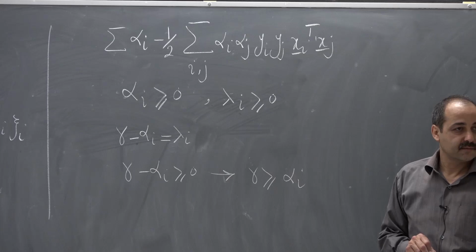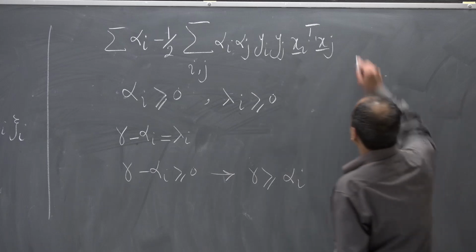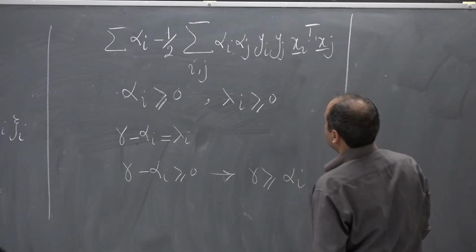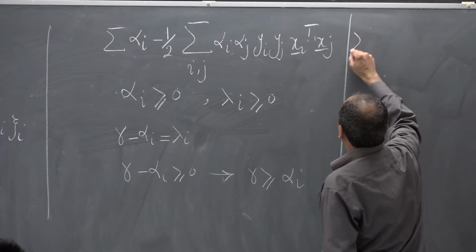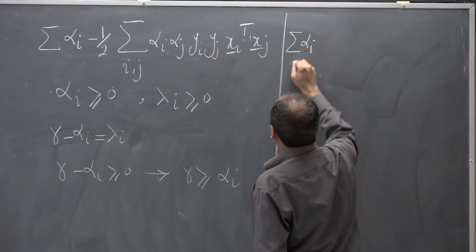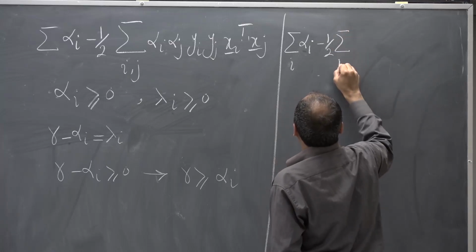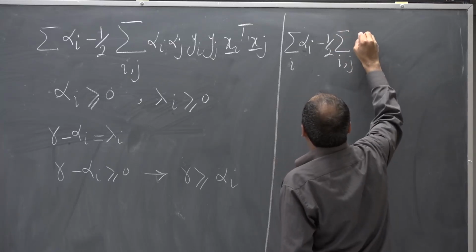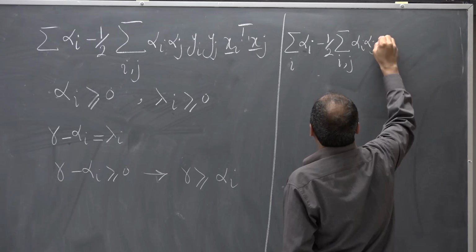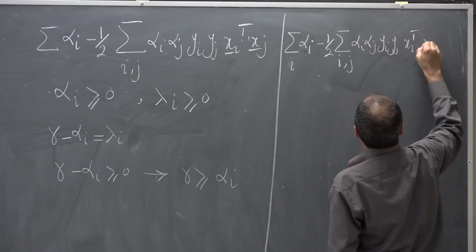Is it clear? Okay. So my objective function and constraints now would be: sum over all i of alpha_i minus 1/2 sum over i, j of alpha_i alpha_j y_i y_j x_i transpose x_j.